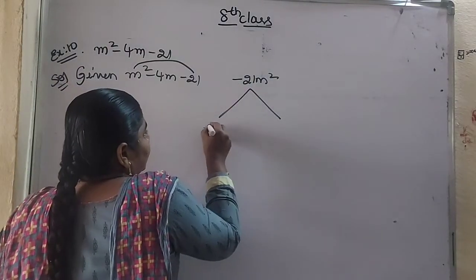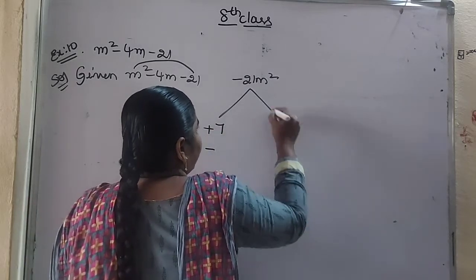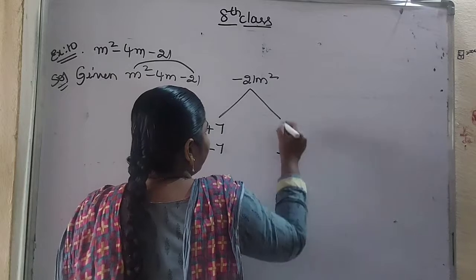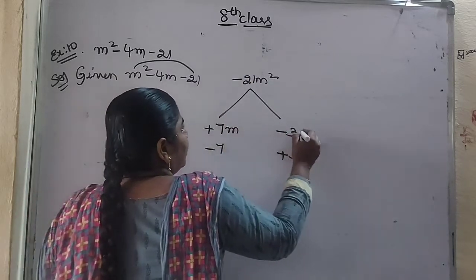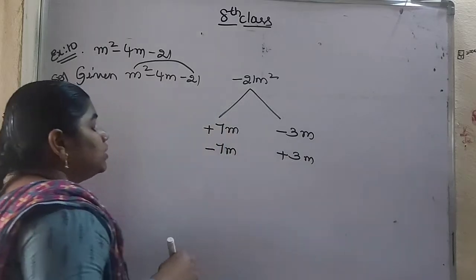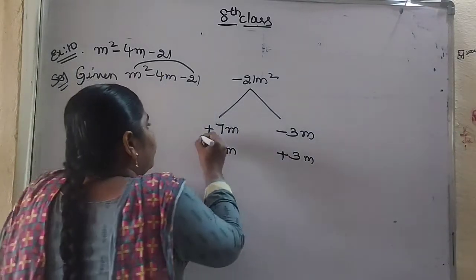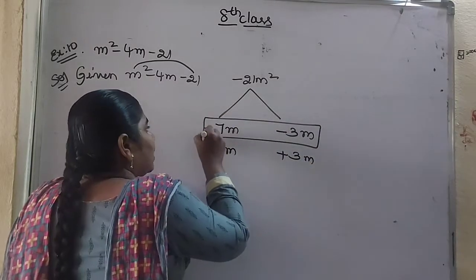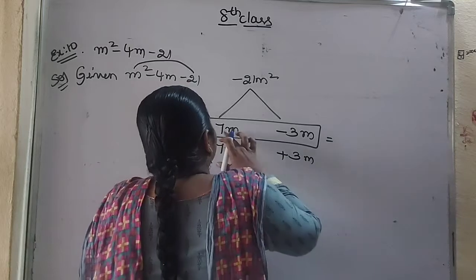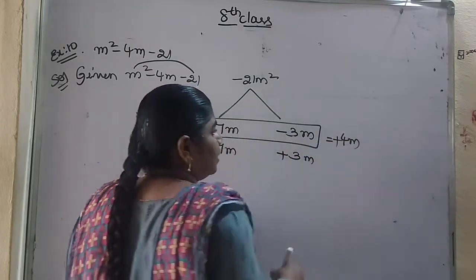So this minus can be written as plus into minus and minus into plus. 7 times 3 is 21, and m into m is m square. Now if you subtract these two terms: plus into minus is minus, 7 minus 3 is 4m, and the bigger number's sign is plus here.